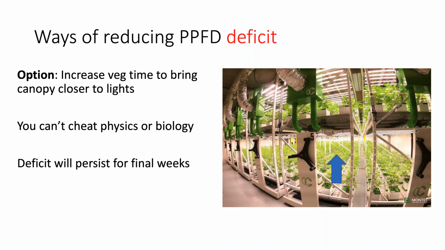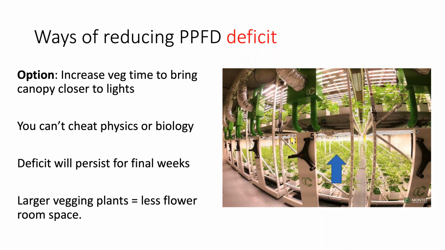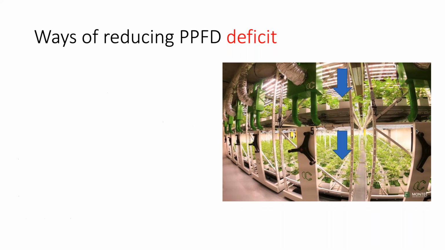And regardless, like we saw on that table, the deficit is going to persist in the final weeks anyway, because even at the end, when the plant was 6 inches from the light, it still wasn't receiving enough light. Okay. And another thing is, if you have larger vegging plants, the other implication is that you have to use more space for vegging, right? Which takes away space from your flower room, which is where you're generating your revenues. Okay.